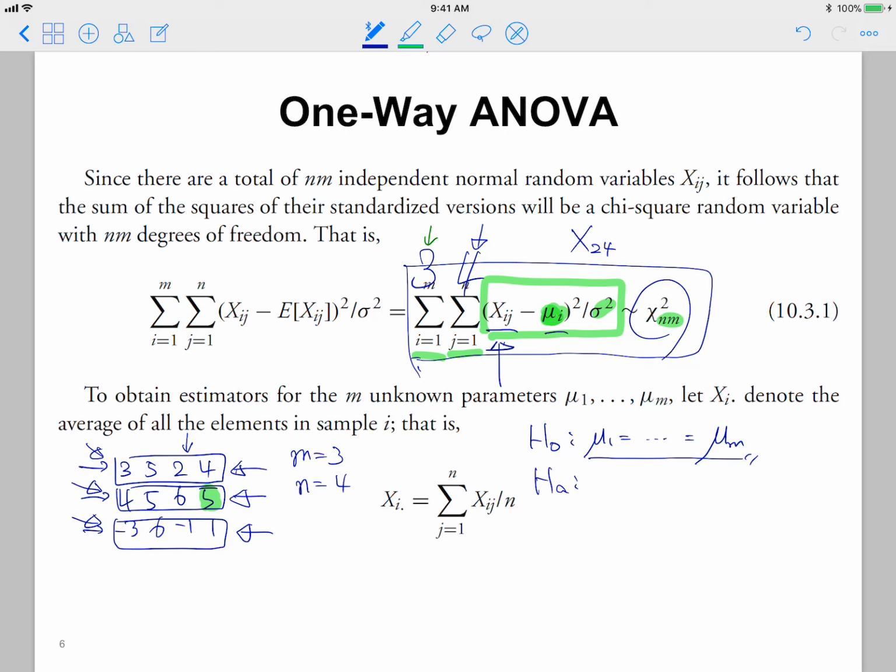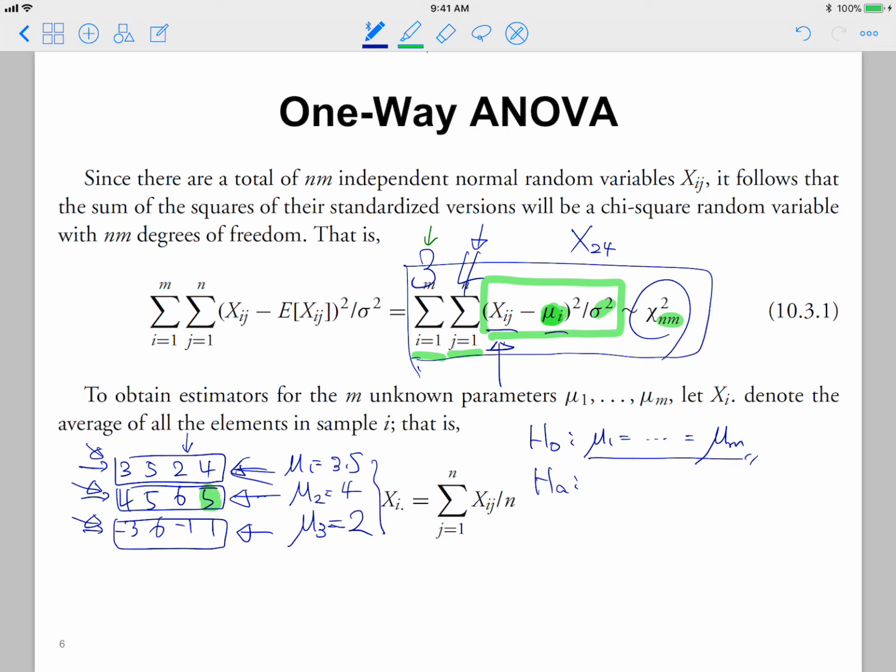For this group the true mean was maybe 3.5, the true mean for the second group was maybe 4, and the true mean of the third group could be maybe 2.